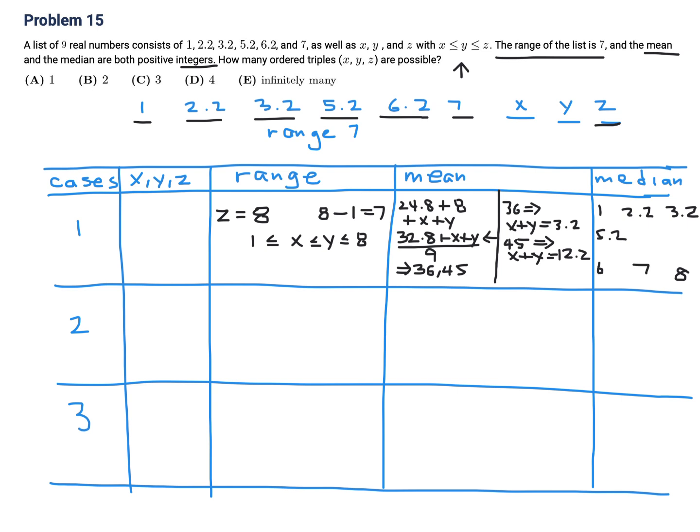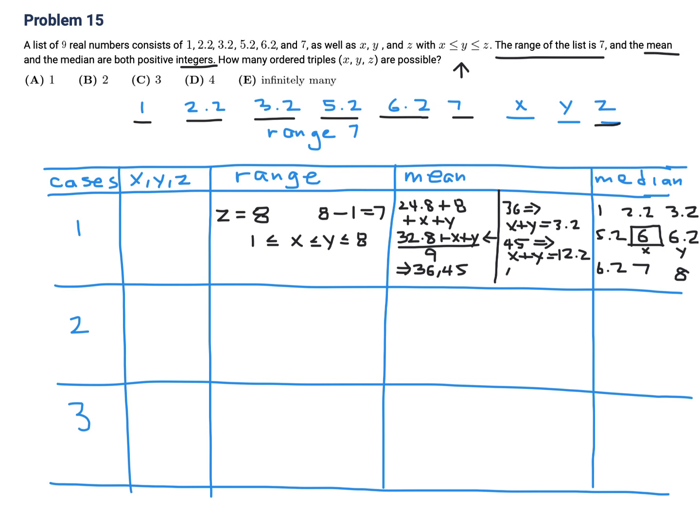We have a 6.2. Okay, so the only way the median is going to be an integer is if we need to put an integer in there. The only way I think is if you put a 6 there and then 6.2, whereas these guys are representing the x and the y, this and this.